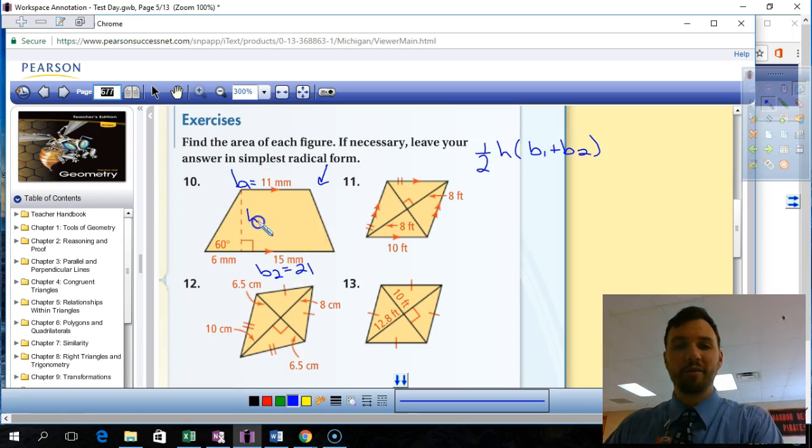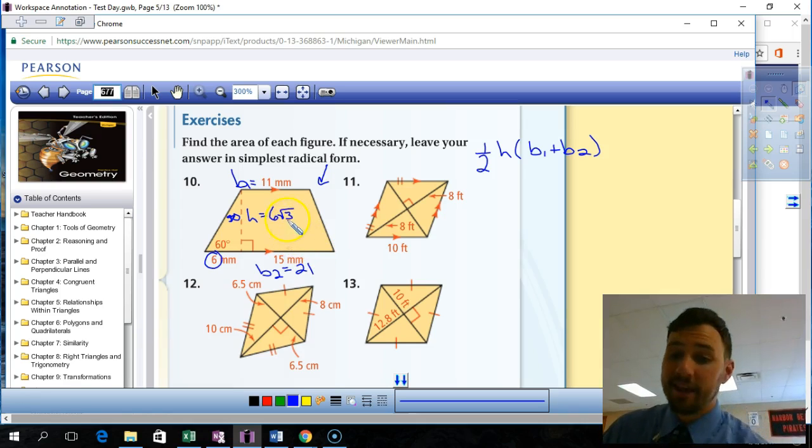My height, I don't know yet. I have an angle and one side, so I have to use trig. Or I could realize this is a 30, 60, 90 triangle. And if this is 6, h is 6 root 3. You could also get this answer by doing trig and all that, but who wants that?